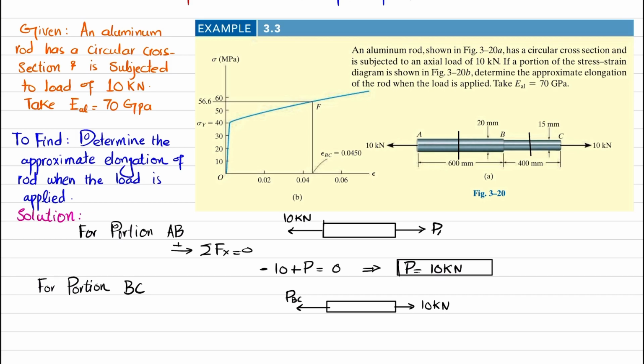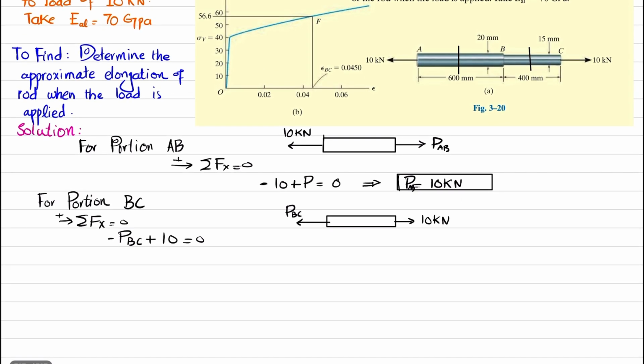I can write it over here to differentiate it from PAB. We will find this PBC by using the same equation: minus PBC plus 10 kilonewton is equal to 0. From here you will get PBC equal to 10 kilonewton. Now you know that both portions have the same load, that is 10 kilonewton.